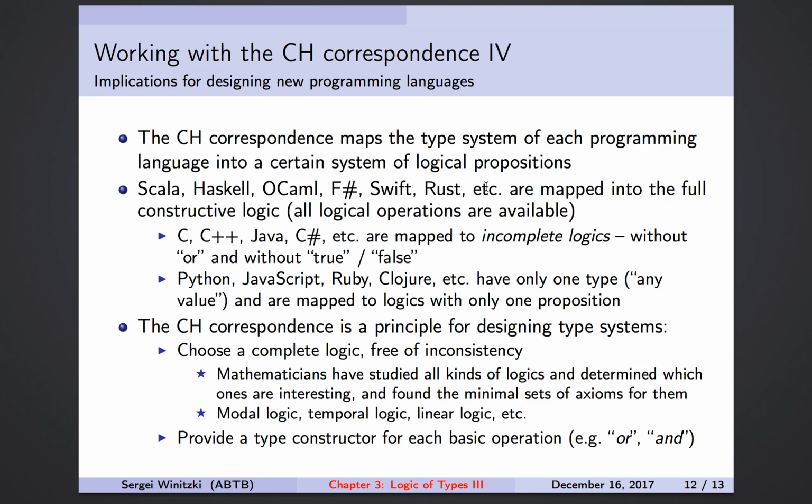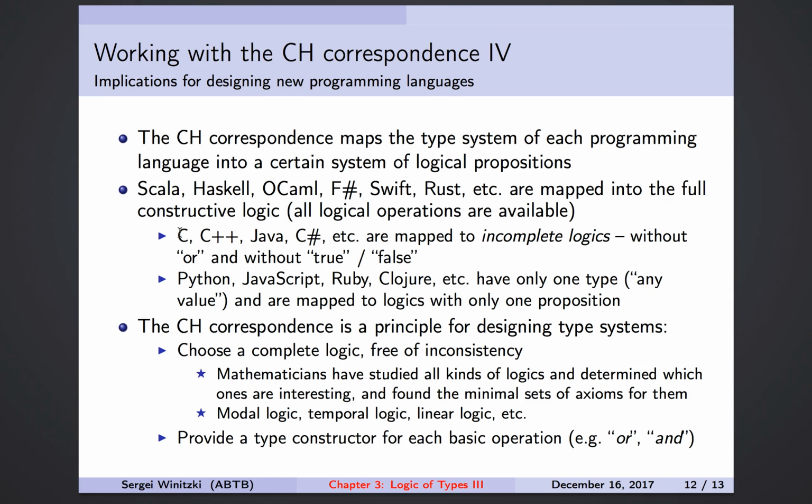They have been designed with the idea that we have a certain logic, and so this logic has certain operations such as or, and, implication. And so these operations should be available in the type system. And so the type system of these languages has function types, it has disjunction types, or sum types as they are also called, and product types, or tuples, or conjunction types.